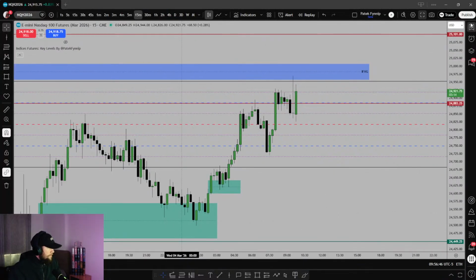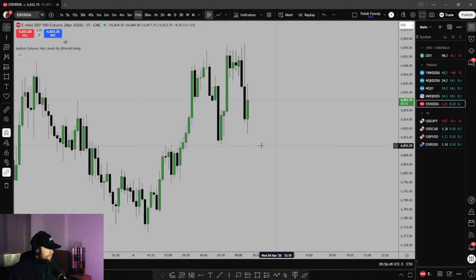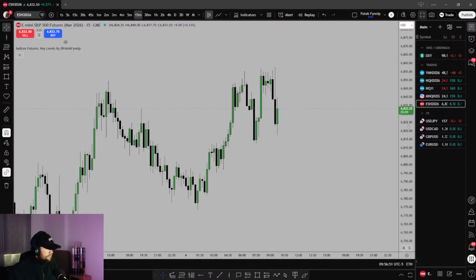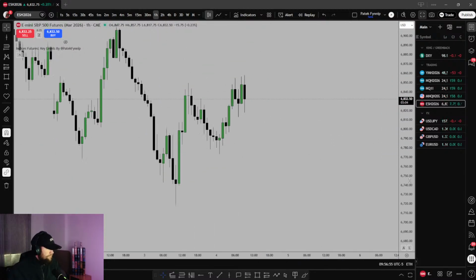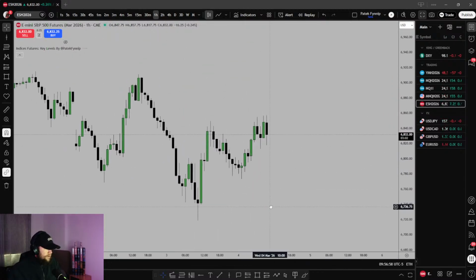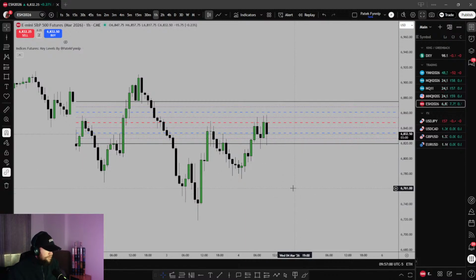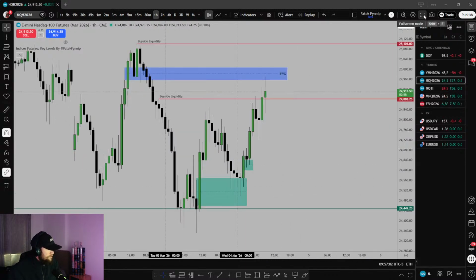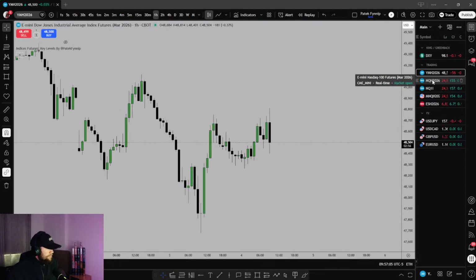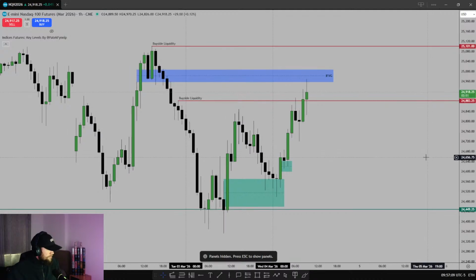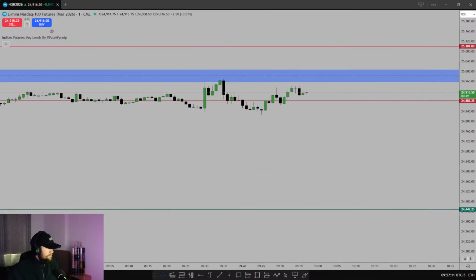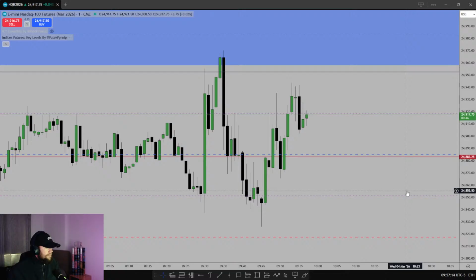Sell side on the ES. I mean, to be honest, it's pretty poor in terms of structure. So we might see what 10 AM does. Let's note the 9:30 here.